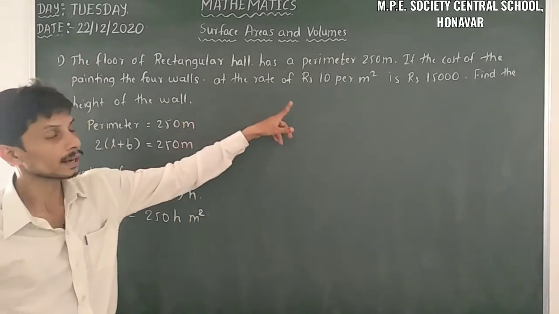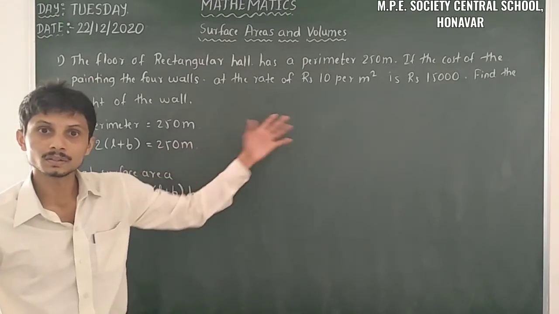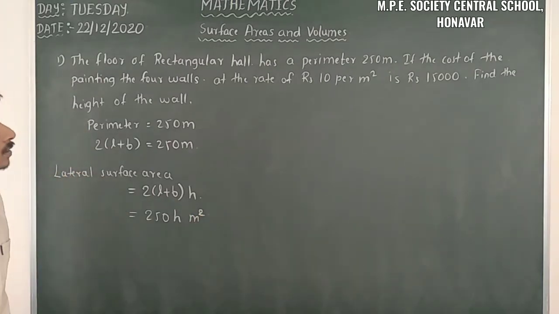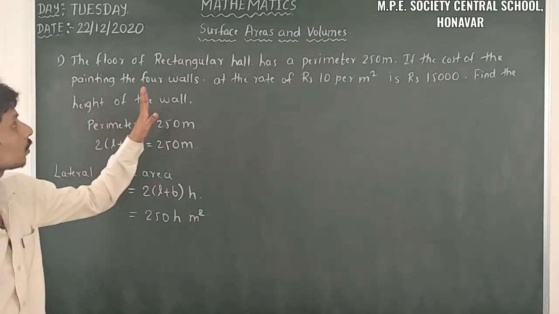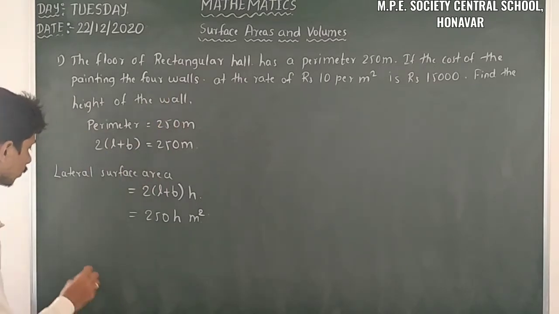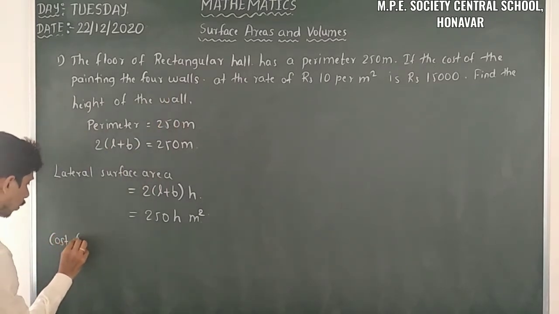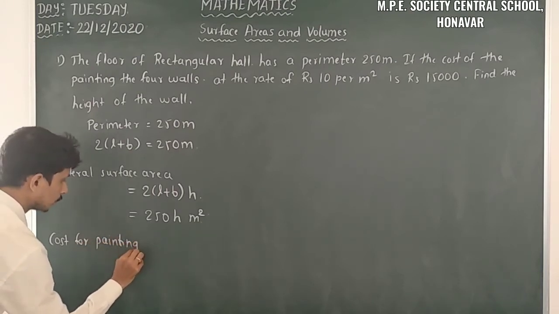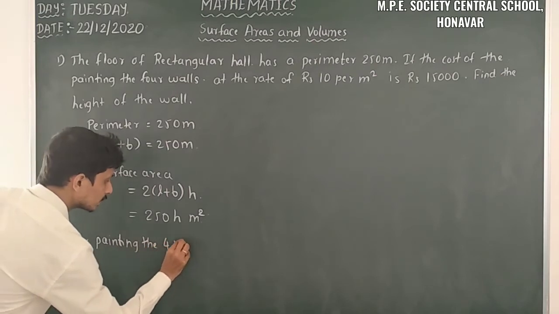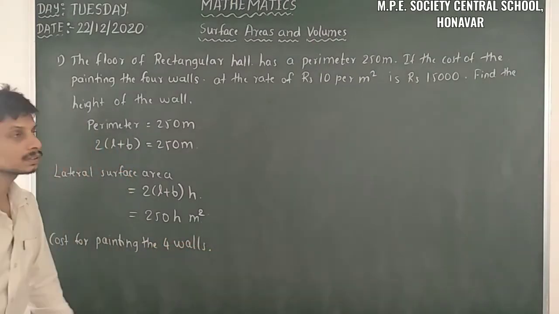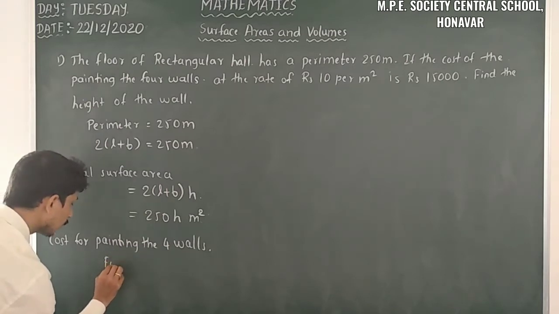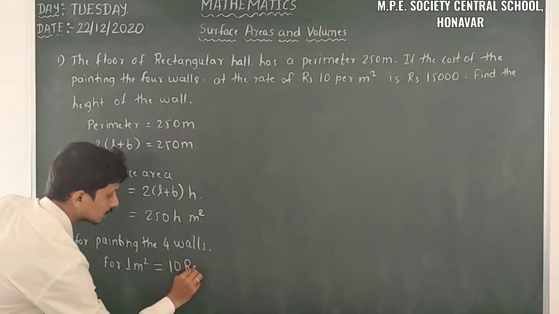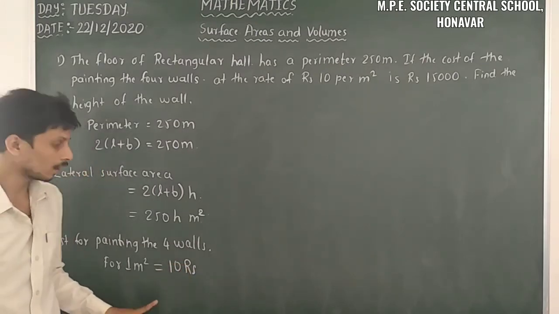So at the rate of 10 rupees per meter square, what is the value? That is the cost of painting the four walls. Let's take the cost for painting the four walls. For 1 meter square we have 10 rupees.